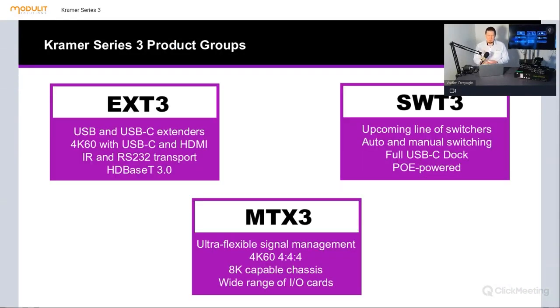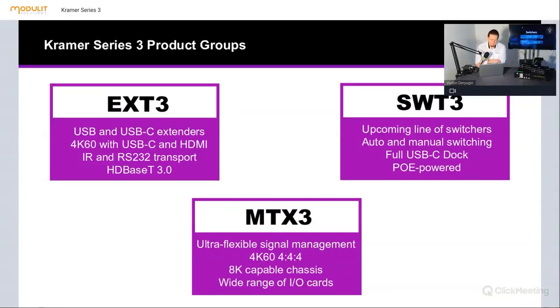The equipment in the Series 3 is divided into three groups, three main parts that will be enlarging and growing every year, adding new equipment and replacing the old. So EXT stands for extenders, SWT stands for switcher, and MTX stands for matrix.